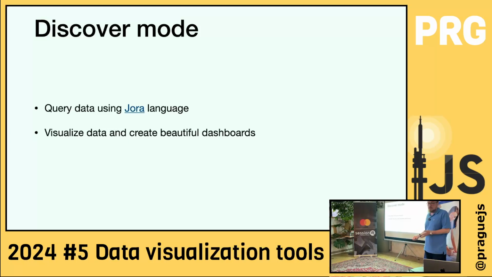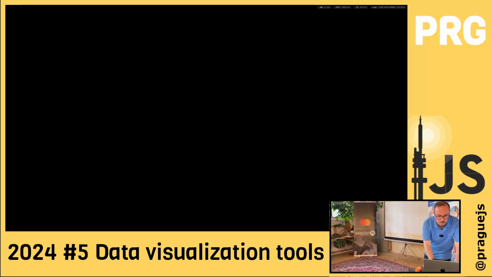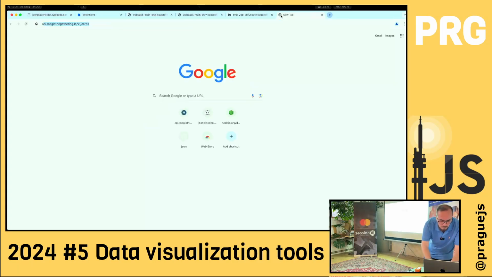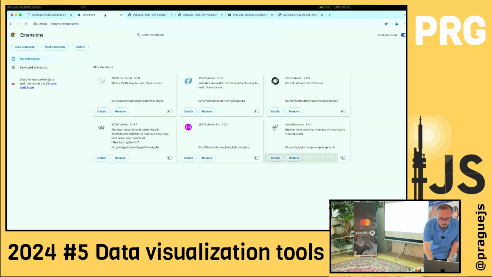You can visualize this data, and you can share your work with others. But let me once again show you this slide. Okay, so once again we are in Chrome, and we have some data. That's ugly. Okay, let's enable something. Discover.